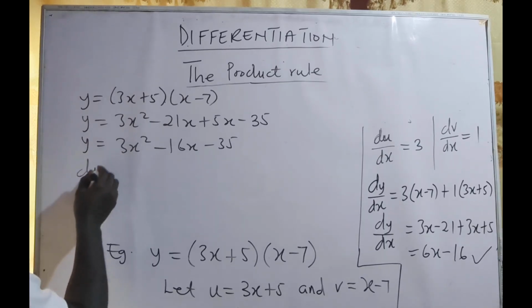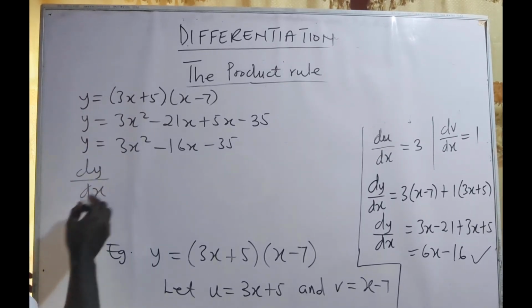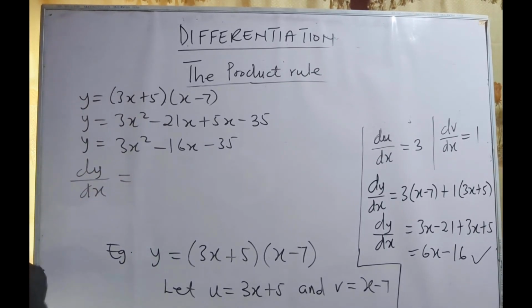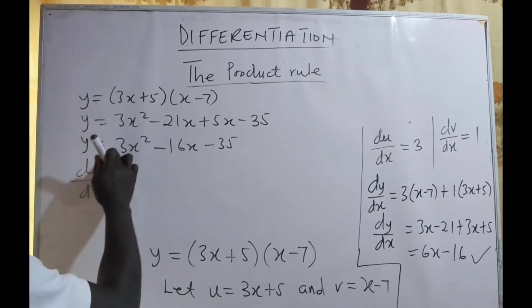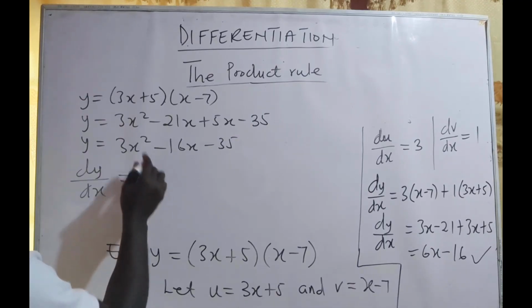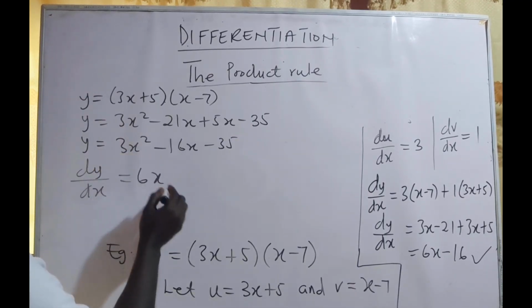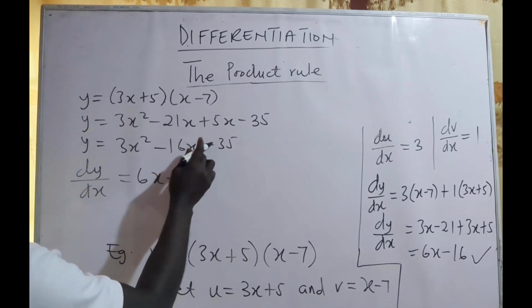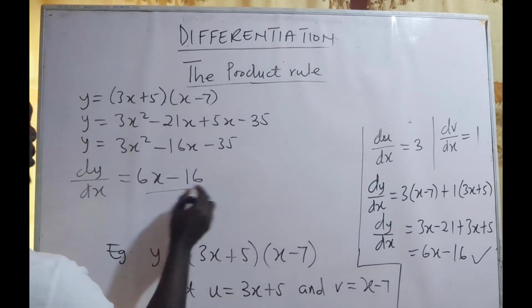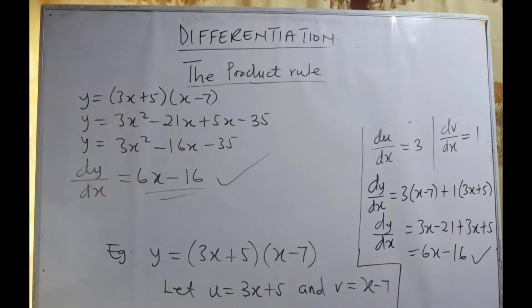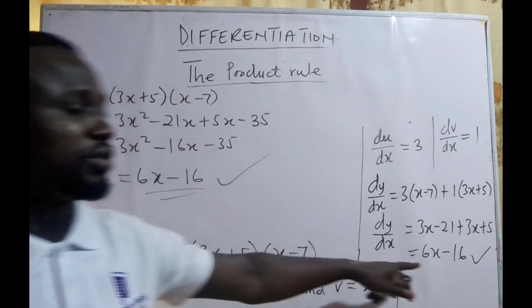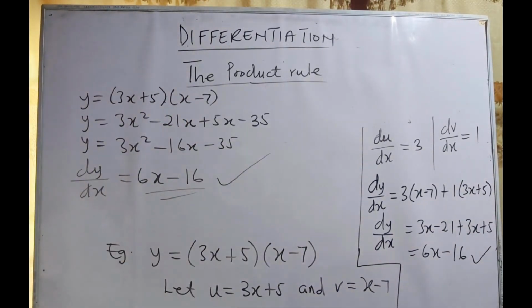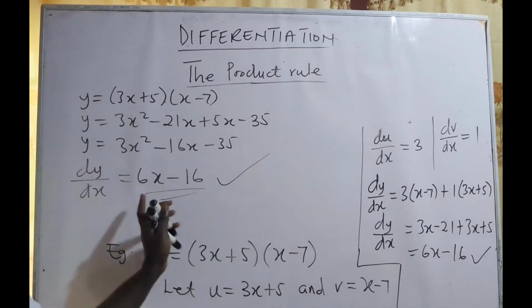So dy on dx is 2 times 3, which gives 6x, and minus 16x gives minus 16. So you realize that we have the same answer. When you use the product rule, you get the same answer.